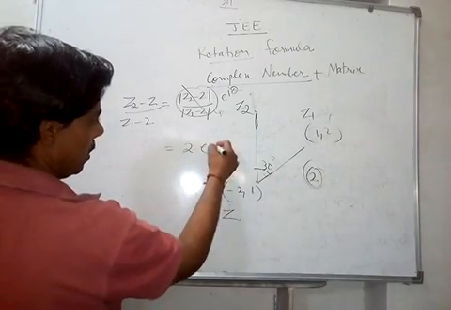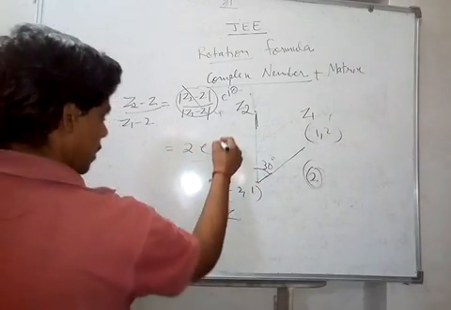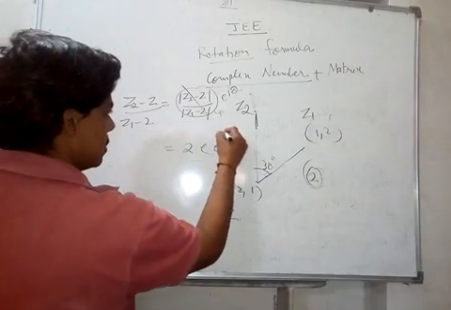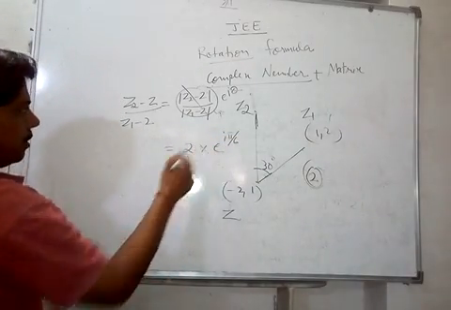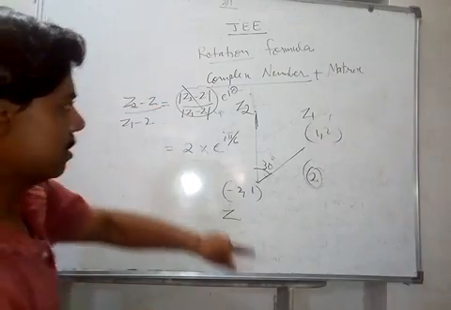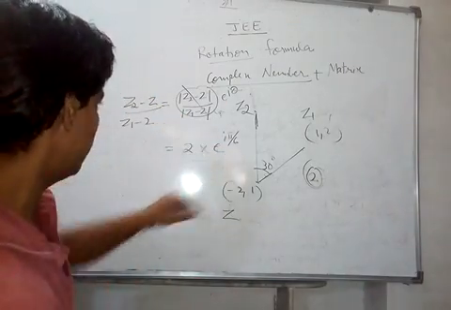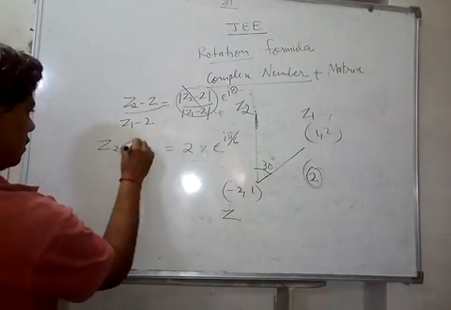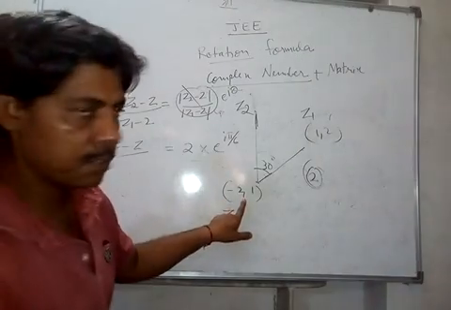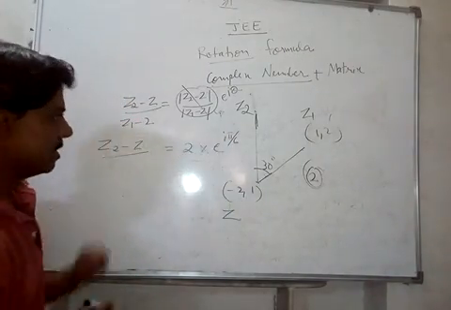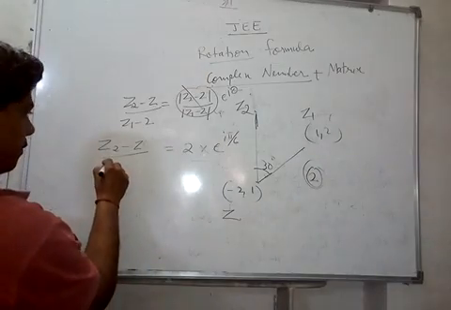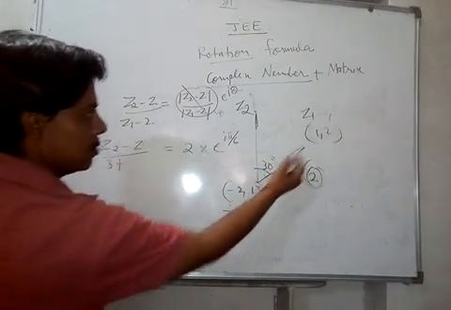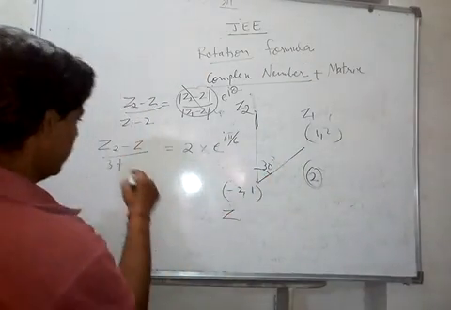Theta we know is 30 degrees, that is e to the power i pi by 6, okay. Now z2 minus z we don't know, so let's write z2 minus z. z I'll substitute later on. z1 minus z is 1 minus minus 2, that is 3, plus 2 minus 1 is iota, 1 iota.